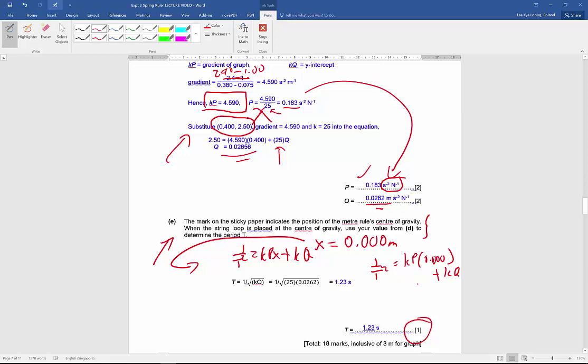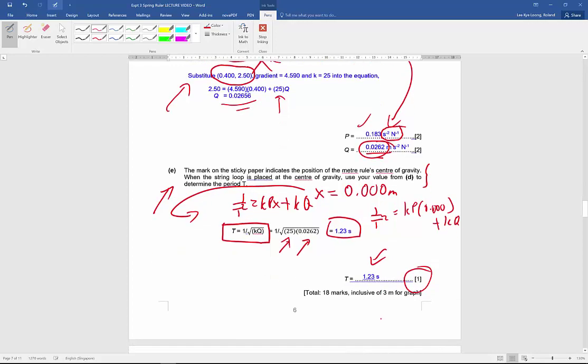Therefore, 1 over t square equals kq. Therefore, t equals 1 over square root of kq, and then substitute in the value, including the correct value of q, and you get the answer, 1.23 seconds. So do not just put the formula, no substitution, and write in the final answer. You will be penalized. So this is practical. Every data, the thought process, everything has to be listed down to score the marks.